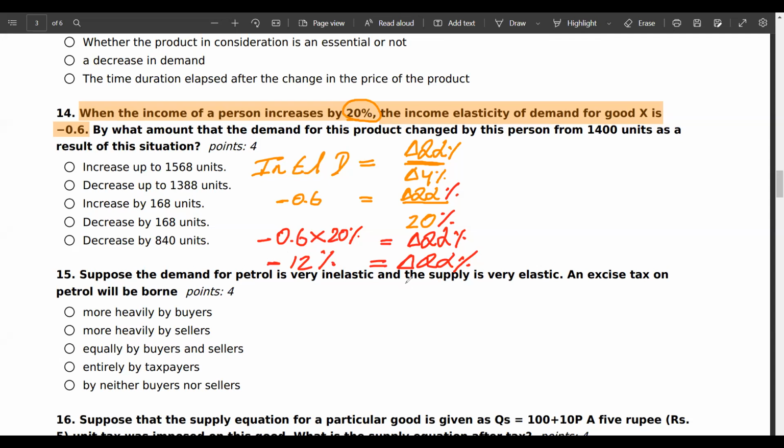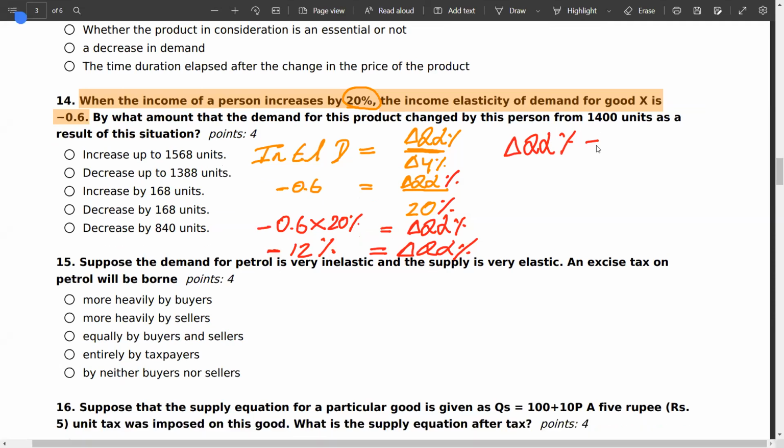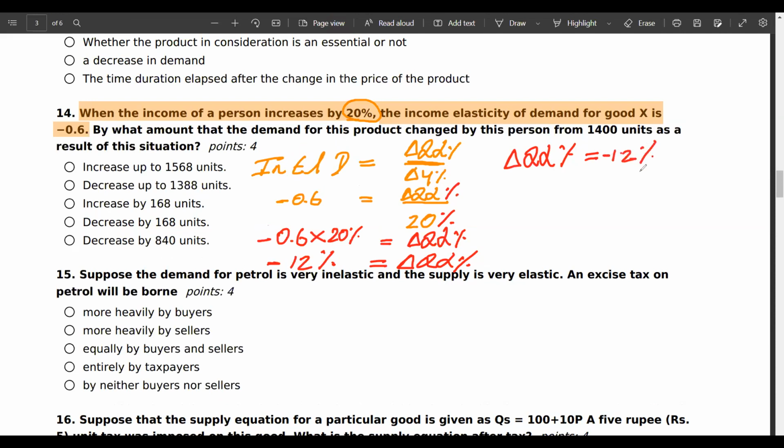Since we are talking about a percentage thing, I'll write it that way, right? So percentage change in quantity demanded is simply minus 12%.